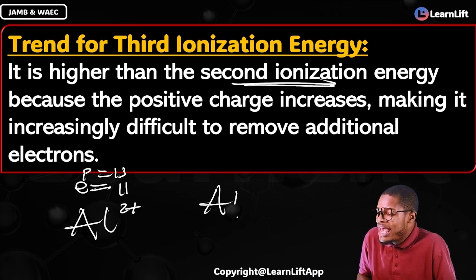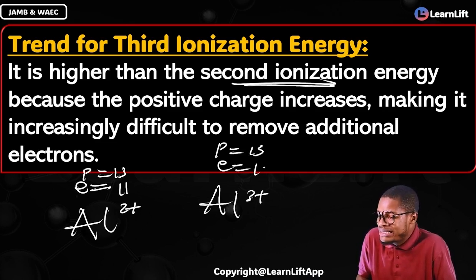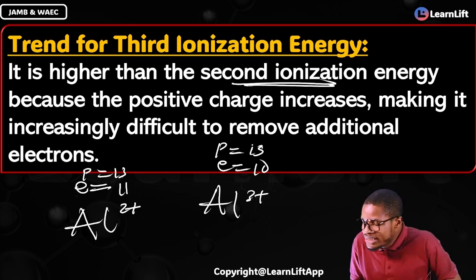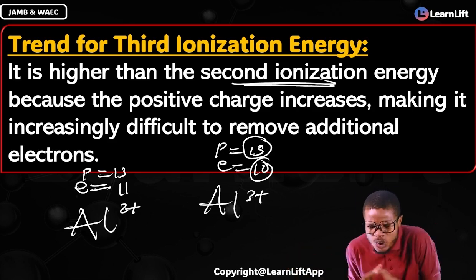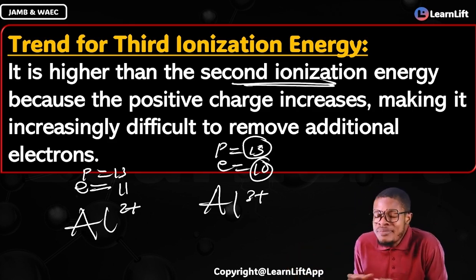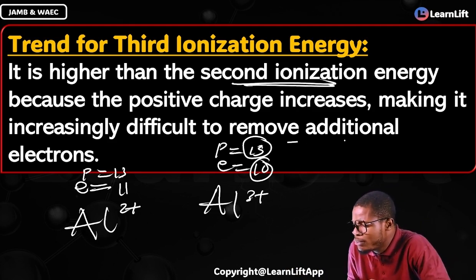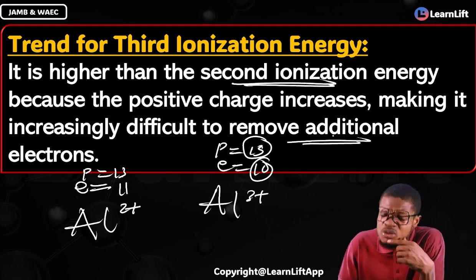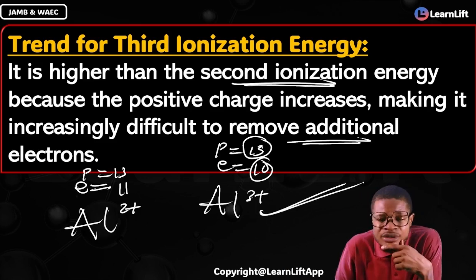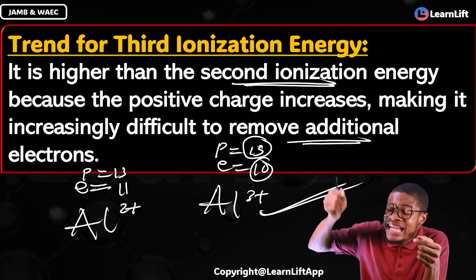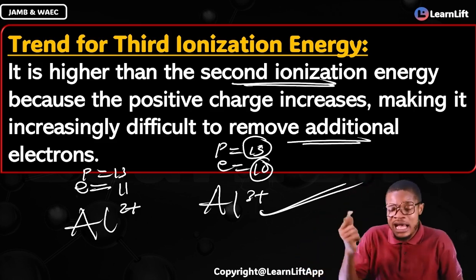But in your Al3+, we have 13 protons and 10 electrons. So these 13 protons can drag the 10 electrons further closer to itself, making it increasingly difficult to remove an additional electron from your Al3+. That's why third ionization energy is greater than your second ionization energy.